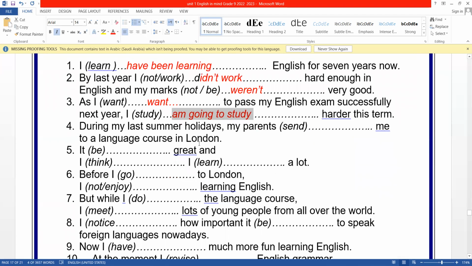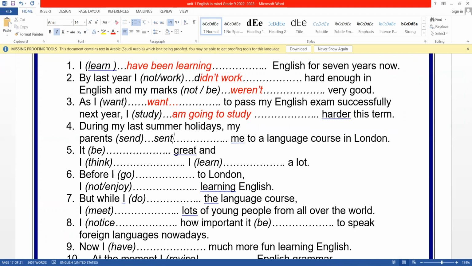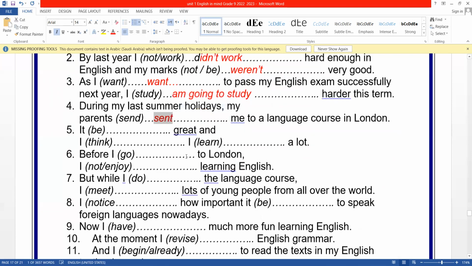Number 4: during my last summer holidays, my parents sent me to a language course in London. We are talking about the past. So my parents sent me to a language course.